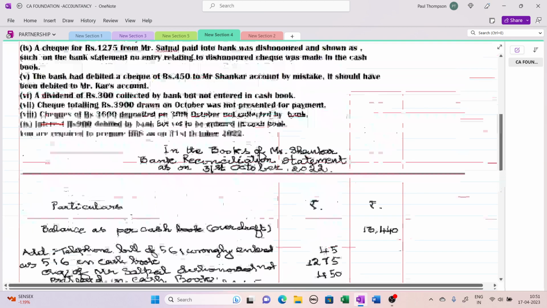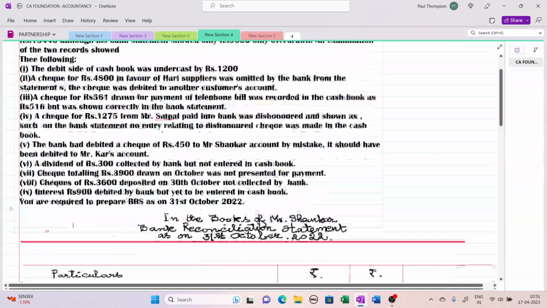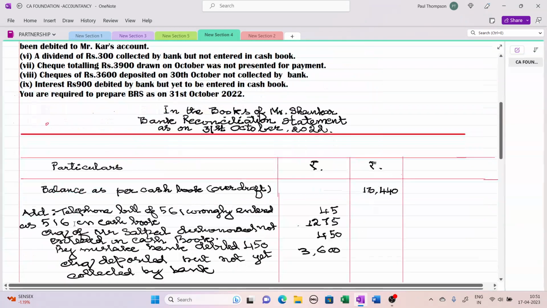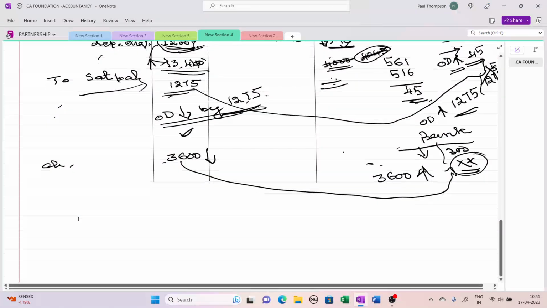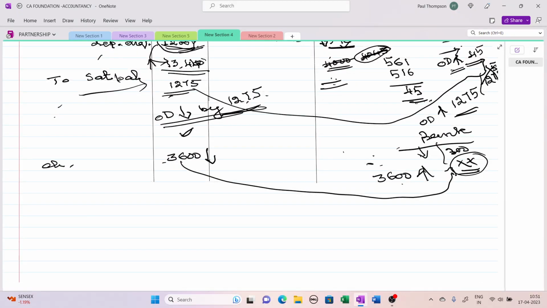Okay, next one is interest 900 debited by bank but yet to be entered in cash book. So now we have taken overdraft. For overdraft the bank has charged 900 rupees. So whenever the bank writes on the debit side, overdraft goes up. But this is not entered here. If we should have written here, my balance would have been more. But my balance is less to the extent of 900 in cash book.